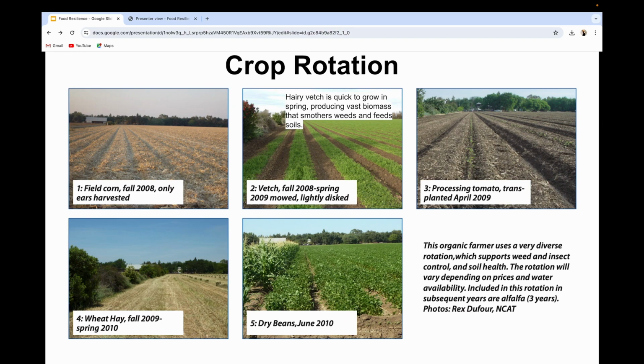This is very beneficial and sustainable and promotes food resilience. So, as you can see, this organic farm here planted corn, then vetch, then tomatoes, hay, and then beans.